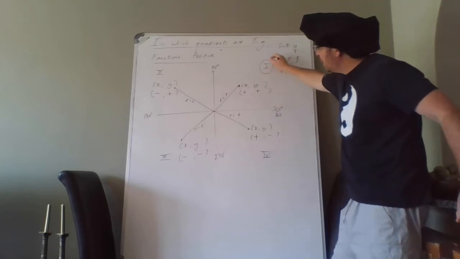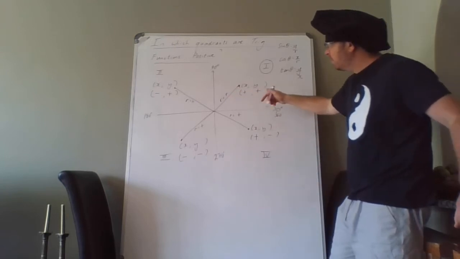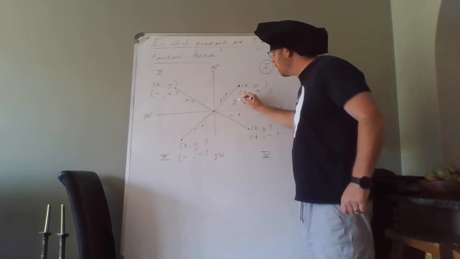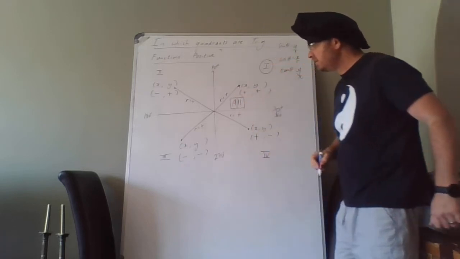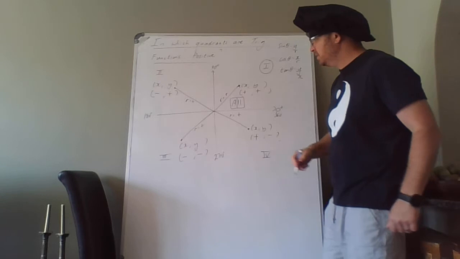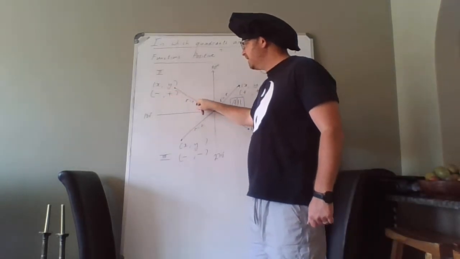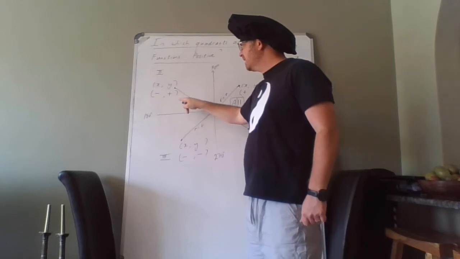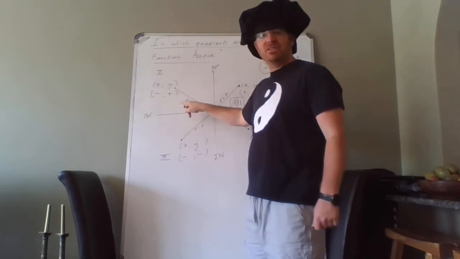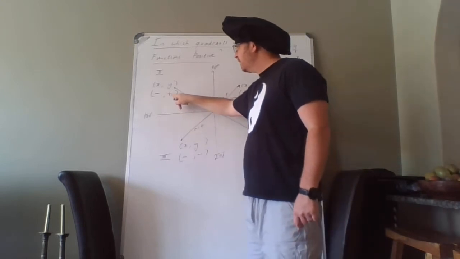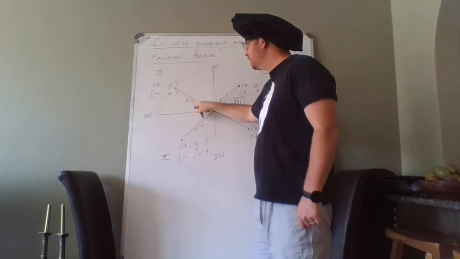So, in quadrant 1, what's going to be positive? Well, everything's positive. Okay, x, y, and r are all positive. So in quadrant 1, all of your trig functions are positive. Okay, and in quadrant 2, if I look at sine, sine is going to be the y-coordinate over the radius, which will be positive over positive.